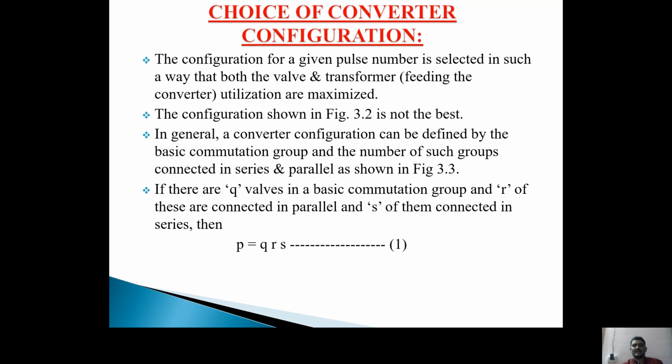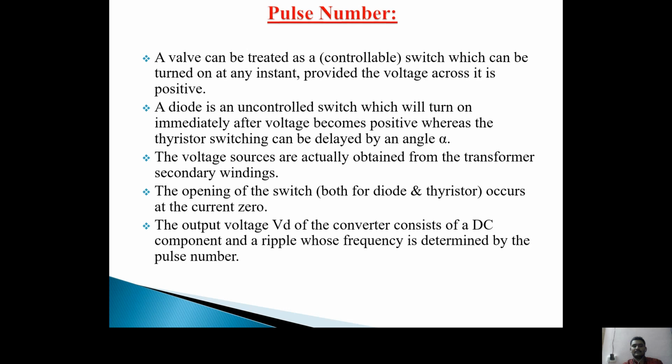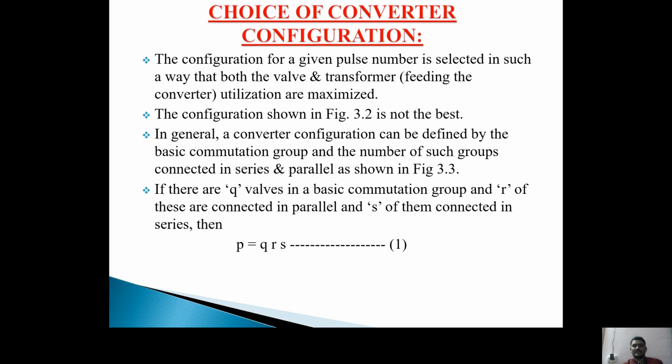The configuration shown in this diagram is not the best, so I am taking another diagram. In general, a converter configuration can be defined by the basic commutation group and the number of such groups connected in series and parallel, as shown in the diagram. I will show that diagram in the next slide.